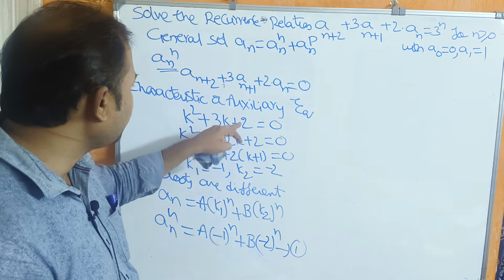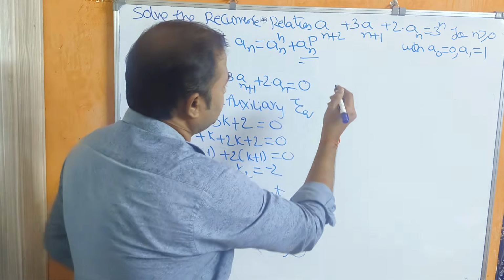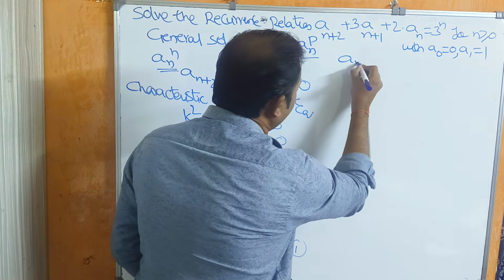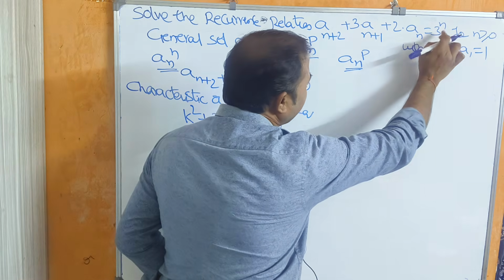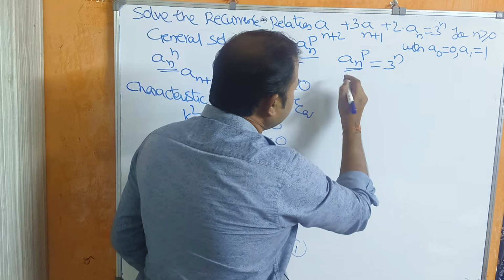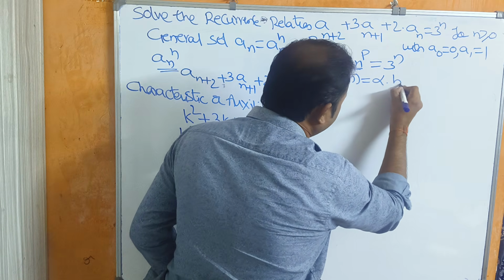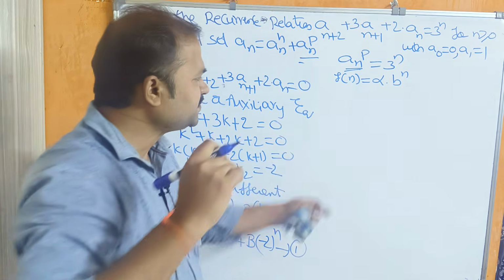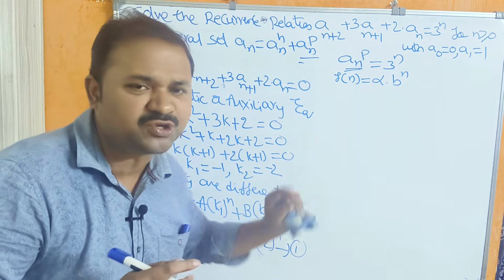Now we need to find out the particular solution part, a_n^p. Here what is a_n^p? The right hand side part, that is 3^n. So f(n) is in the form alpha into b^n. And here this b is not a part of the characteristic roots.